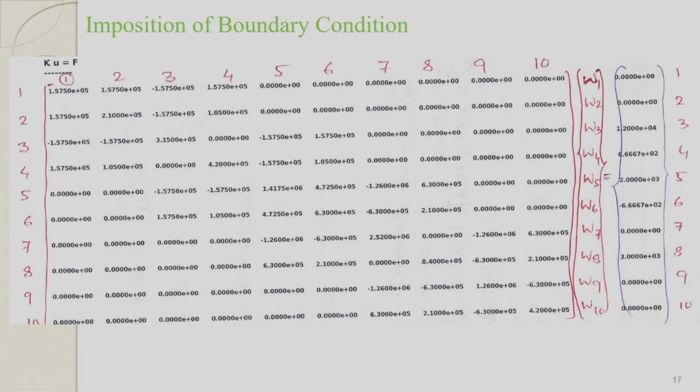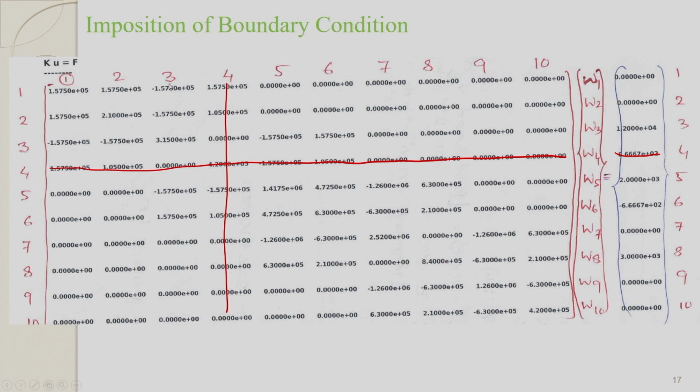But if our prescribed degrees of freedom are some intermediate degrees of freedom, for example, suppose the 4th degree of freedom is prescribed, then the fourth column and fourth row should be suppressed. That is, in our reduced K matrix we have 1 to 3, 5 to 10, that is 1 to DOF minus 1, our DOF is now 4.